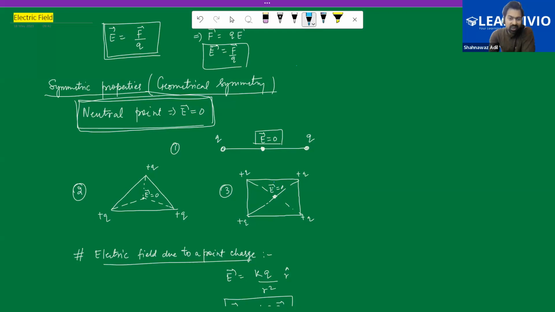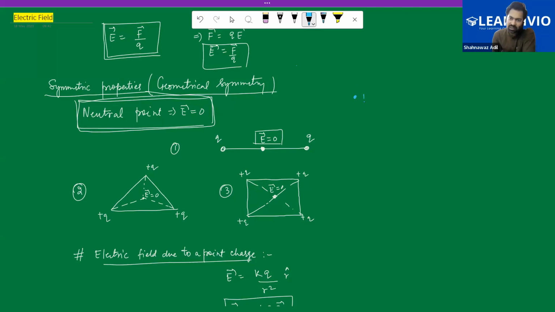And whatever the point at which the electric field is zero is called the neutral point. And for a point charge, what is the electric field? We have to remember a few things.